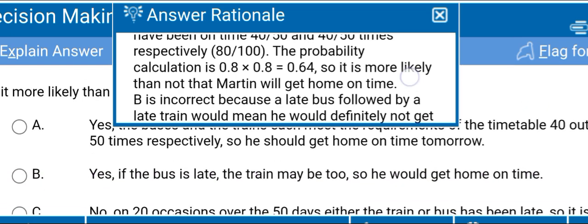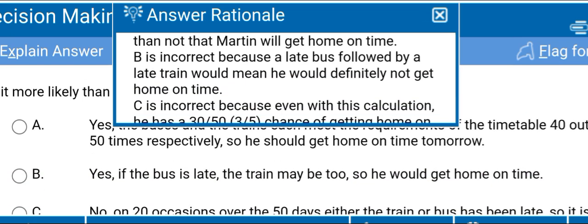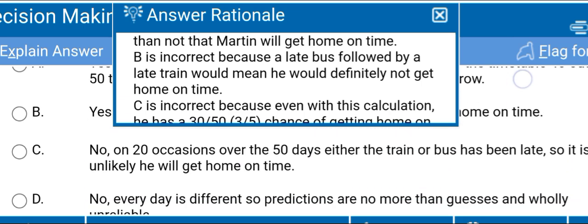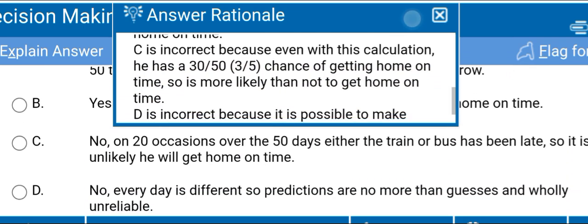B is incorrect because a late bus followed by a late train would mean he would definitely not get home on time. C is incorrect because even with this calculation, he has a 30 by 50 chance of getting home on time.